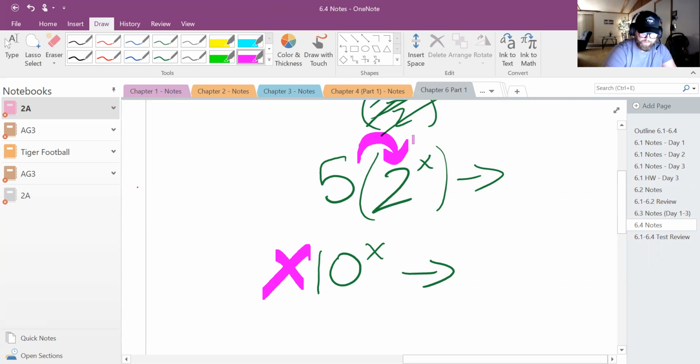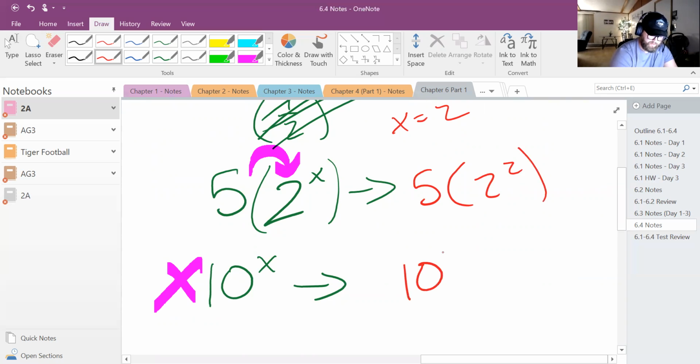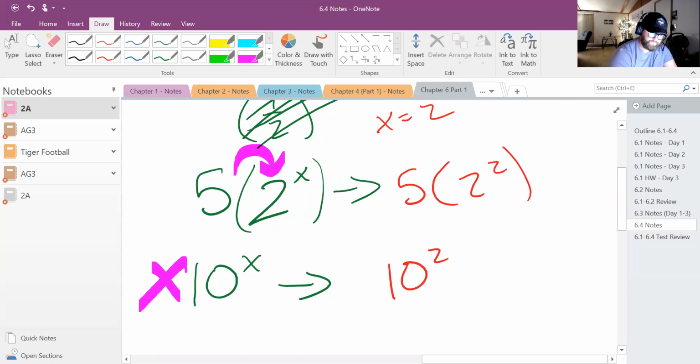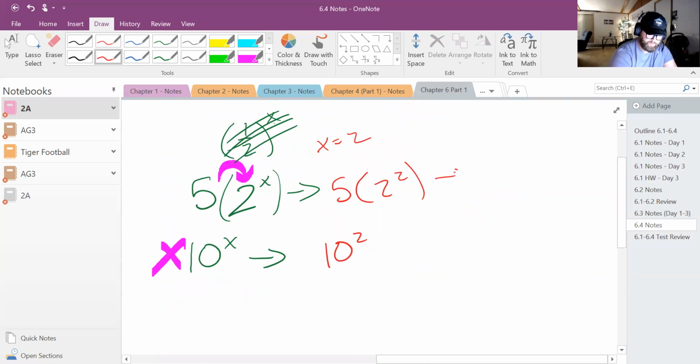Okay, do not do this. Let's prove it. Okay, so let's do x equals 2 for our proof here. X equals 2. So we have 5 times 2 to the second, and we have 10 to the second. All right. So what is 2 to the second? That's 4, right? 5 times 4 is just 20. What is 10 squared?